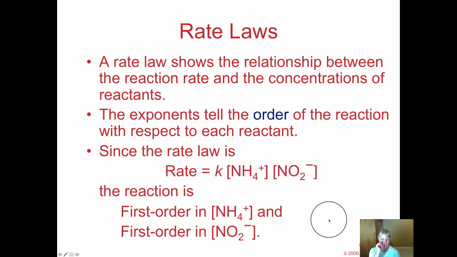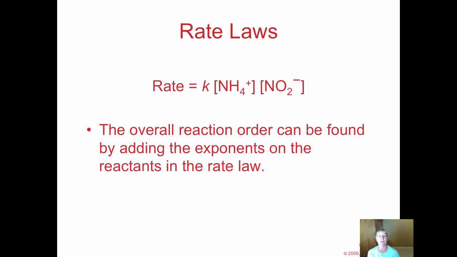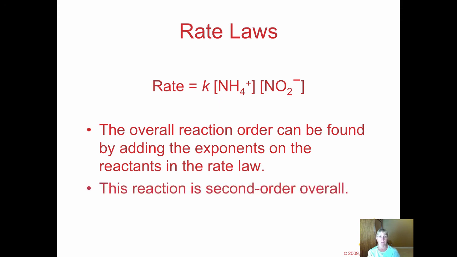We're saying that the rate is first order with respect to ammonium and first order with respect to nitrite. First order means that if you double that reactant, you will see the rate double, assuming you held the other reactant constant in its concentration.